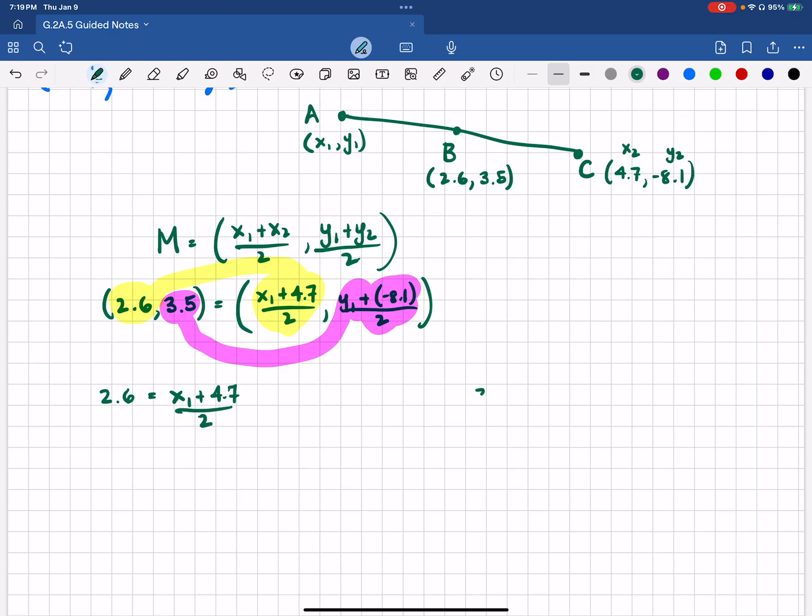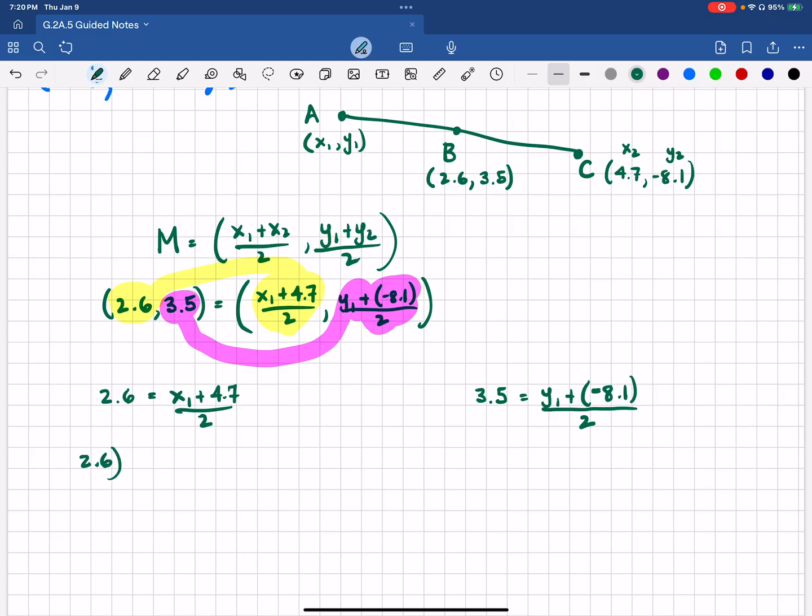And my 3.5 is going to be equal to y1 plus a negative 8.1 all divided by 2. Now, the thing that makes this a little more challenging is that we're actually using decimals, but that is not going to be a problem. You can do this, okay? So what we're going to do is multiply both sides by 2, and we're going to work with that x equation first.